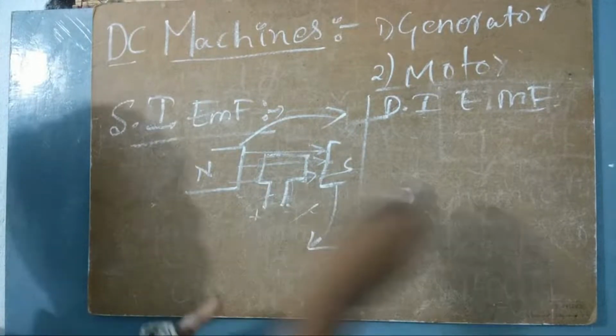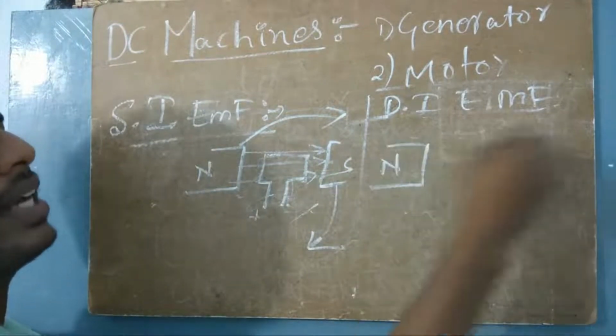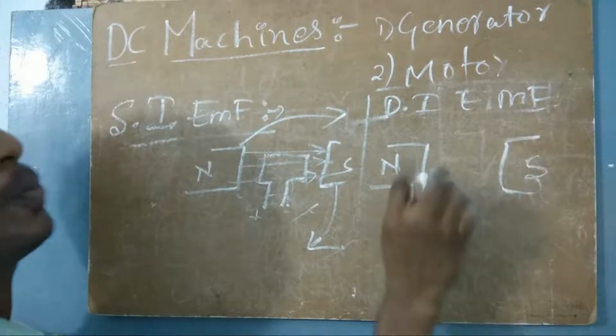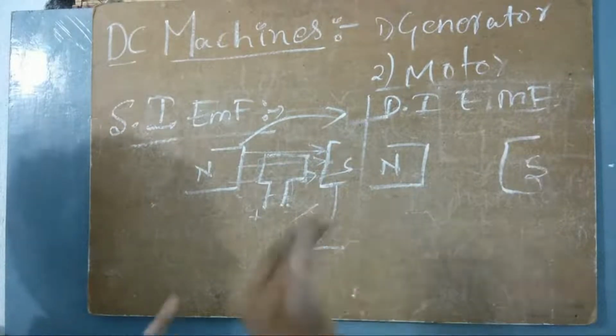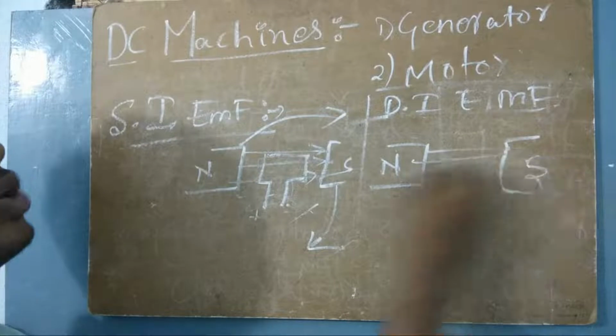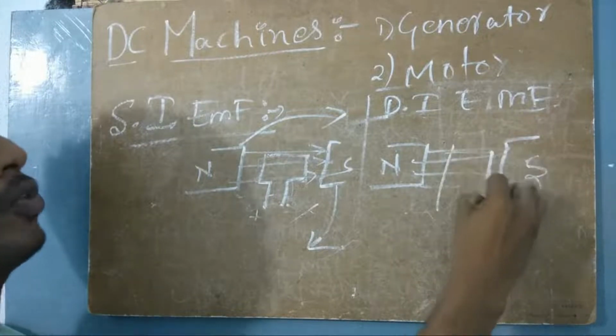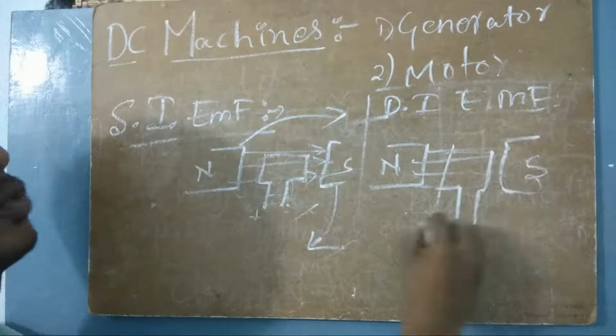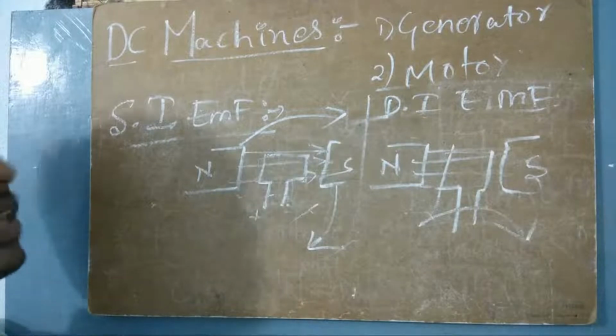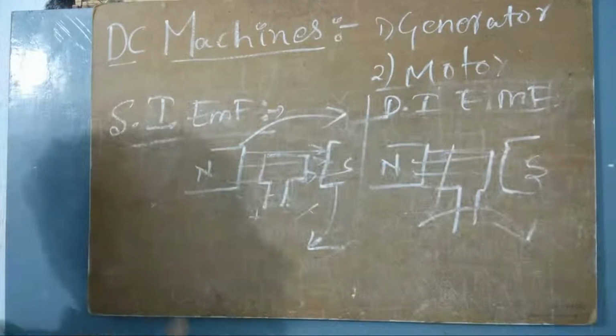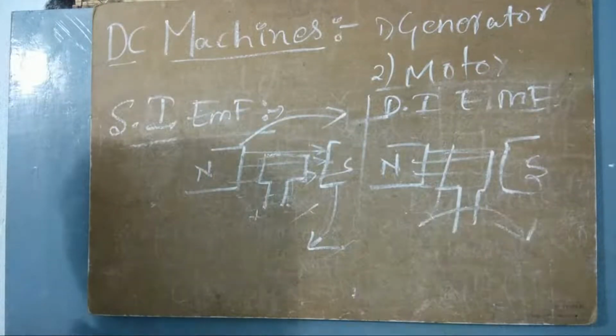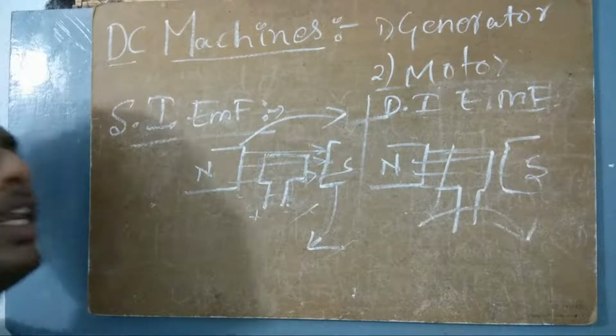Here the magnetic field is at rest, so the two poles will not move. The only thing that moves is the conductor. The EMF we get while the conductor is moving is called dynamically induced EMF.